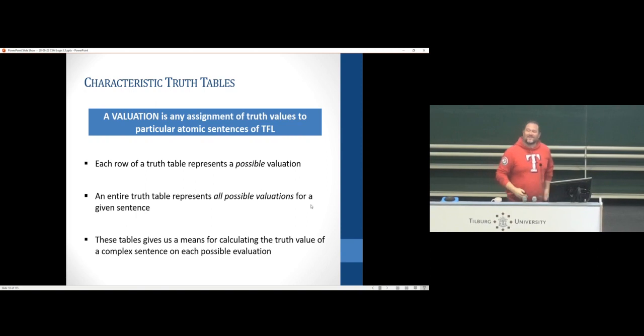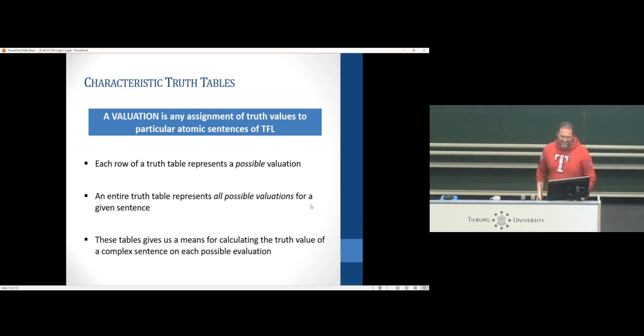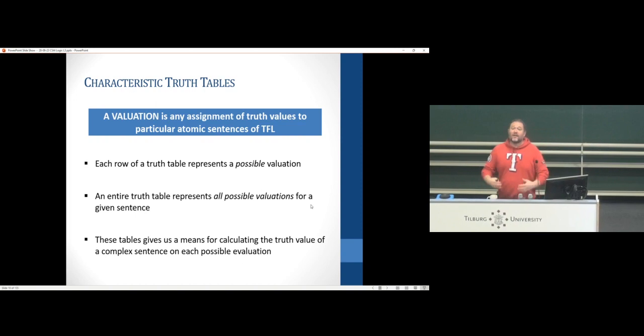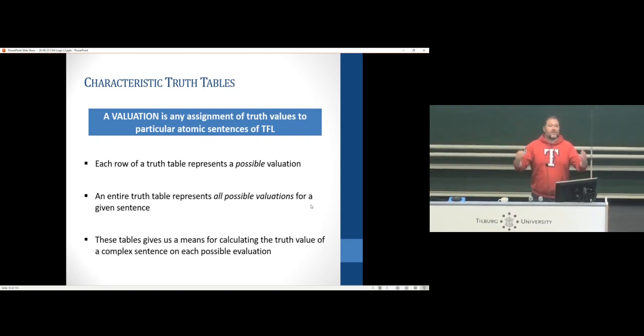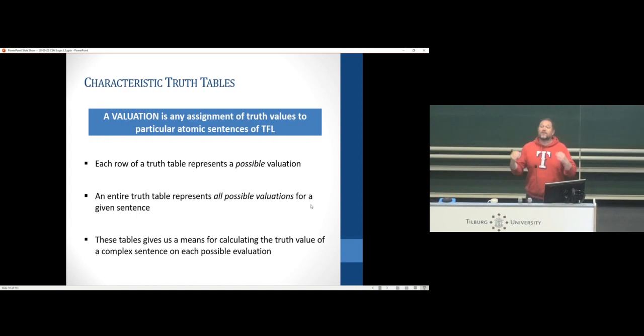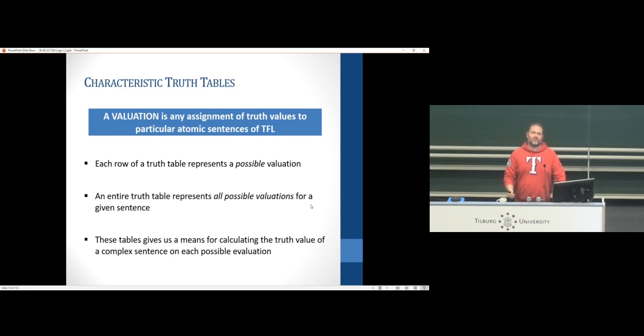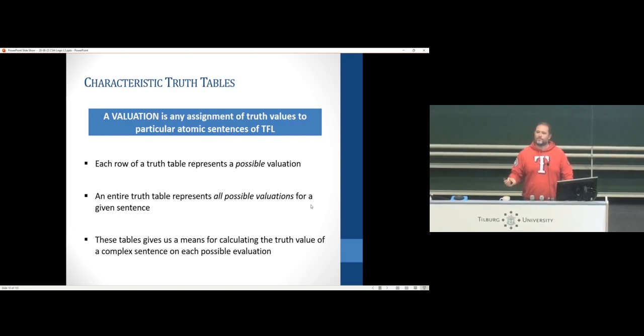So again, this point's really important. Each row going across represents an assignment of truth values. So it's basically one possible situation. And then if we construct our table in the right way, we can talk about every possible situation, or at least every relevant possible situation.